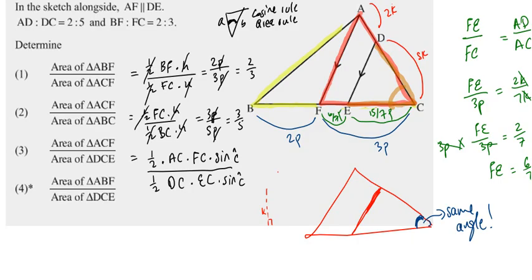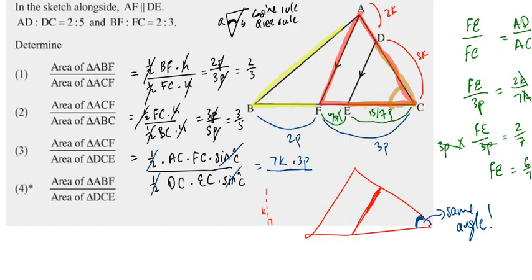What is the beauty of that? Sine C will cancel, half will cancel. And then AC, we know that it is 7k. What about FC? FC, we know that it is 3p. So 7k times 3p.